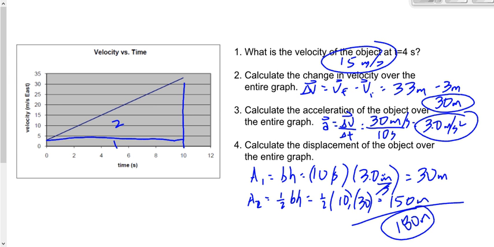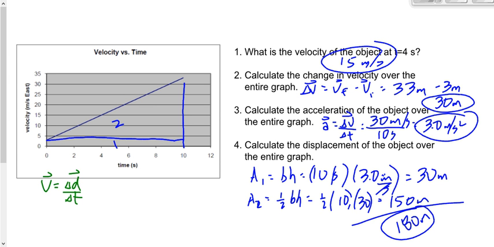Quick little question that I didn't ask here. What if I wanted to find the average velocity over the entire trip? What would I do? The average velocity, despite the fact that there's an acceleration here, would be displacement divided by time.